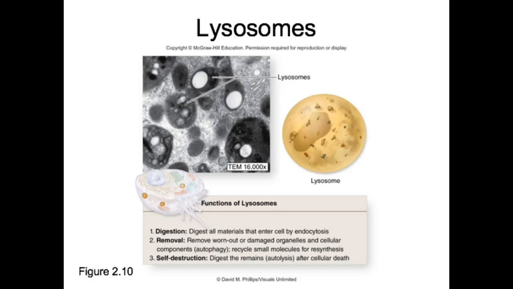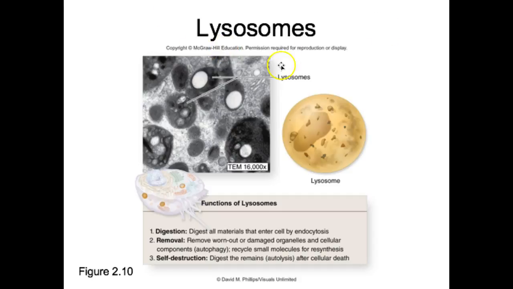All right, so a lysosome is a very specific kind of vesicle. So it's still bound in plasma membrane. It's still that phospholipid bilayer. In this case, though, it's going to contain digestive enzymes. We talked about this a little bit earlier when we talked about endocytosis and phagocytosis. So lys means to cut.